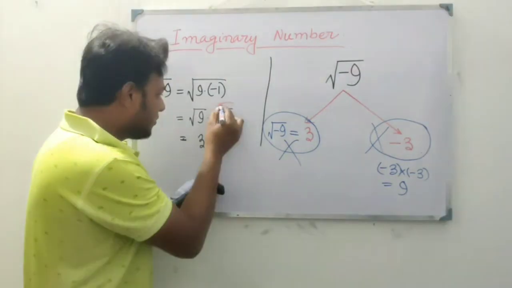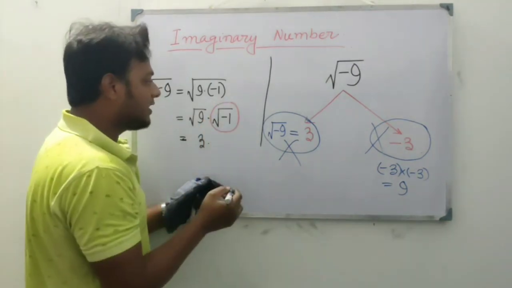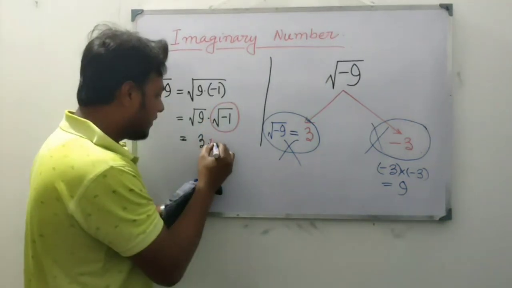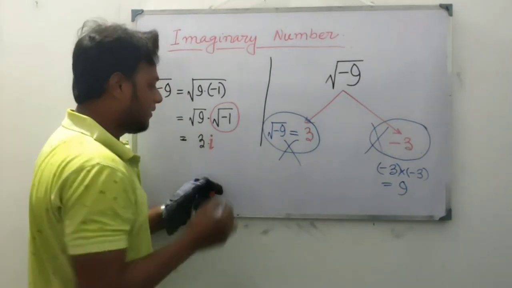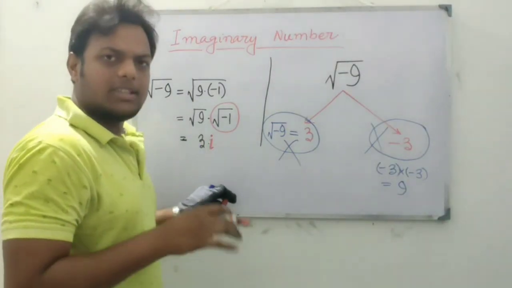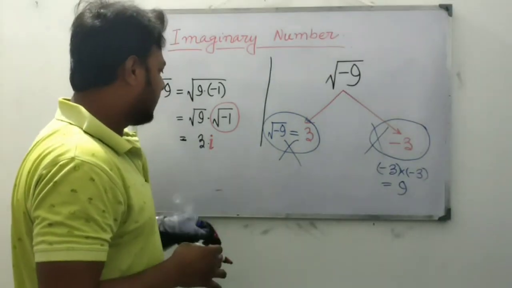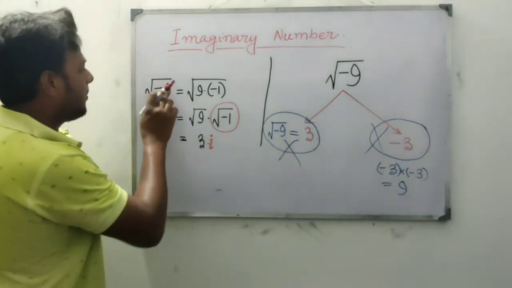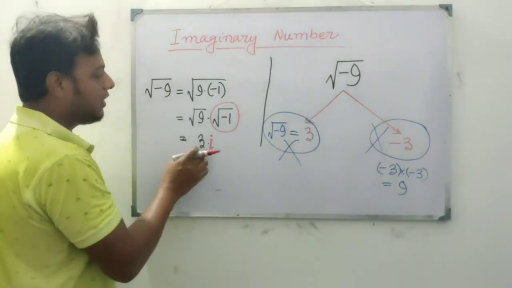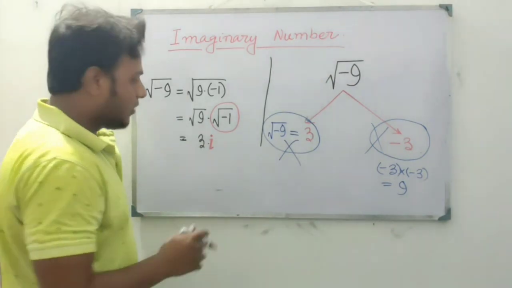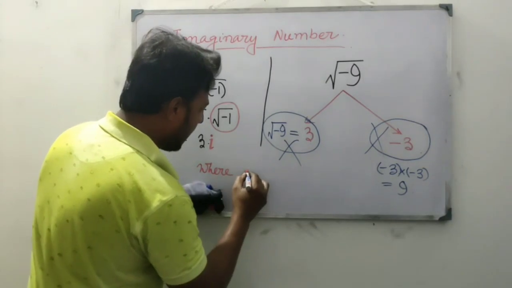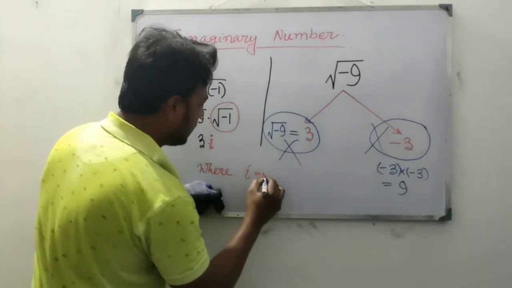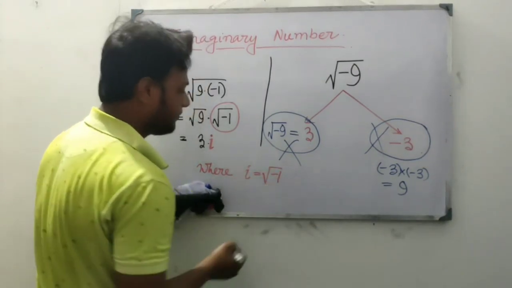So they have used a standard symbol for this number, I. Keep it here, that I. So what is the value of root over minus 9? Root over minus 9 equals 3i, where i equals root over minus 1.